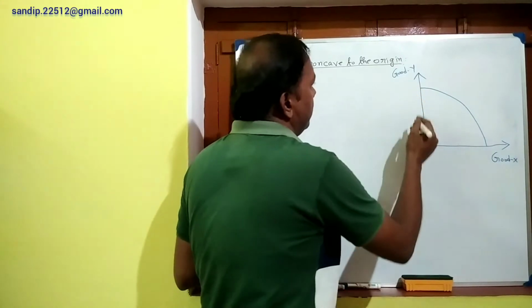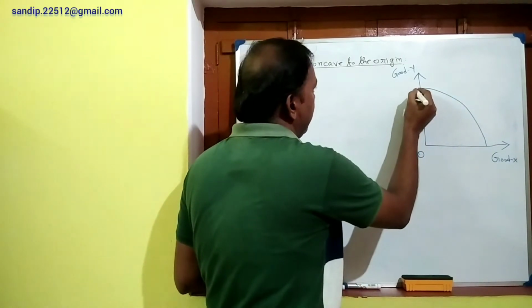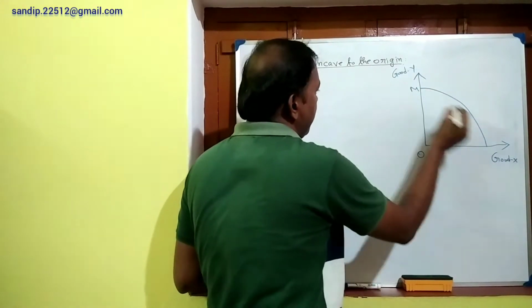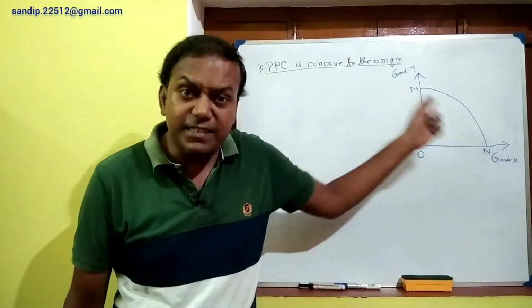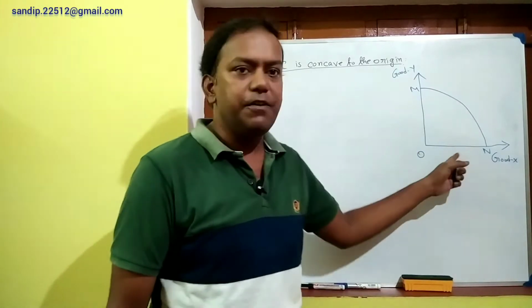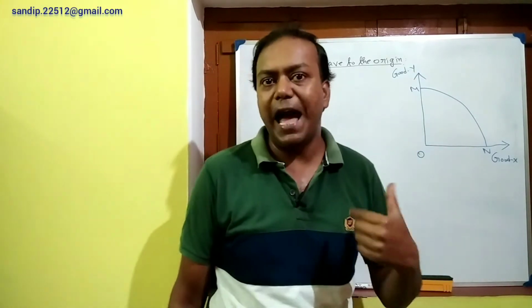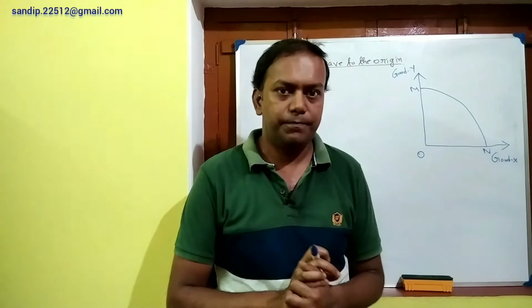Suppose we name it MN. It is our PPC. Now its shape is concave to the origin, so we have to prove this.